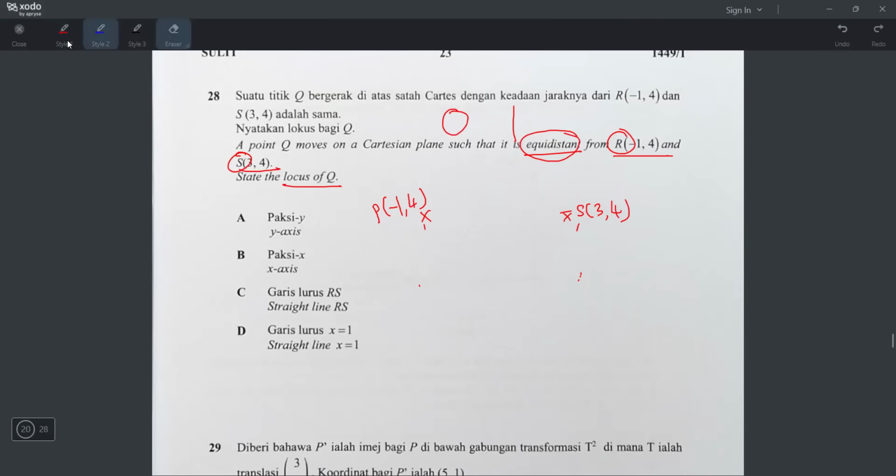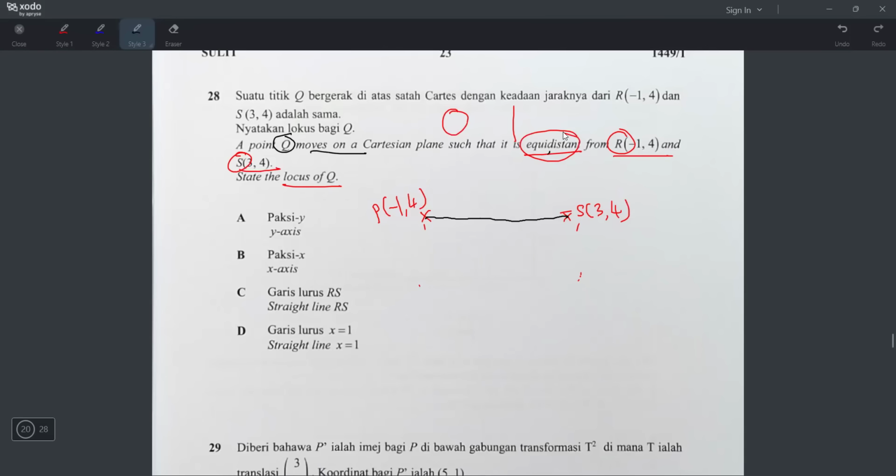And the locus, point Q will move with the condition that it's equidistant from R and S. It means the point Q will move so that it's equidistant from PS. So the locus Q will be the perpendicular bisector of PS. Let me tell you what it means. If I join a line from P to S, it will definitely be a horizontal line because they have the same Y coordinate.